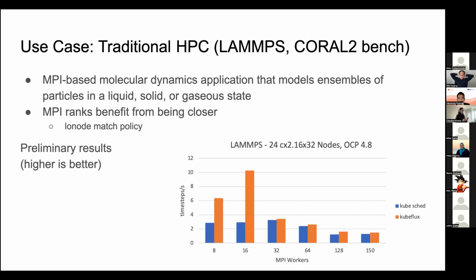So here we are playing with the input parameters, the number of MPI workers, ranks, and how you want to run this. But just as is, in this graph we compare KubeFlux with the low node match policy that is doing packing, because we know that LAMMPS is network intensive. So we don't want to spread the pods all over. And we compared that with what the default scheduler can do.